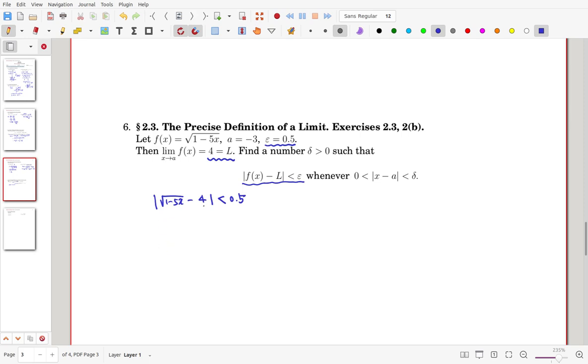First we eliminate the absolute sign, then minus 0.5 is less than square root of 1 minus 5x minus 4, which is less than 0.5. We add 4 to every side.